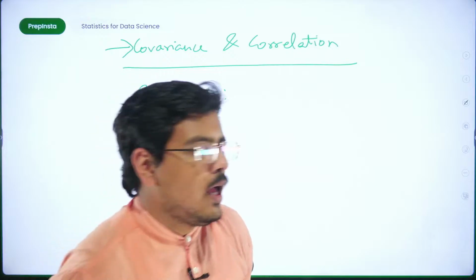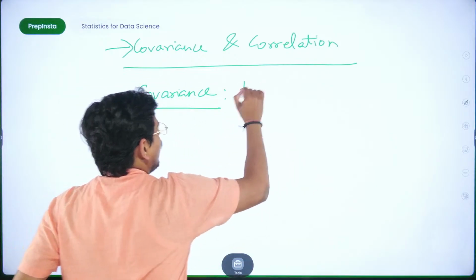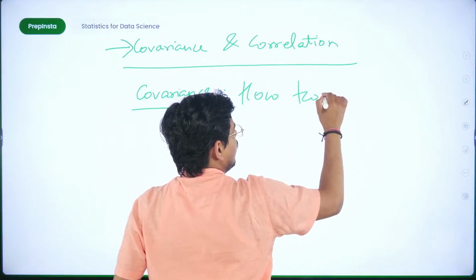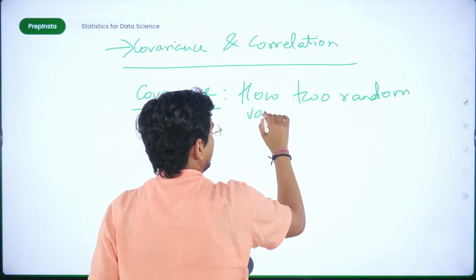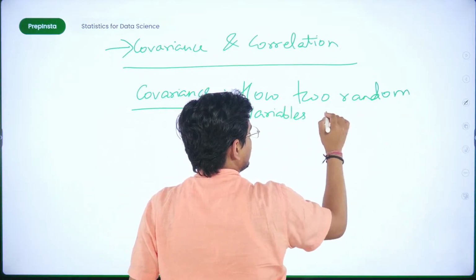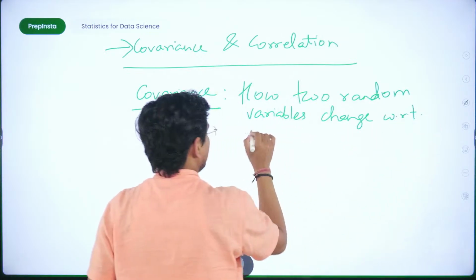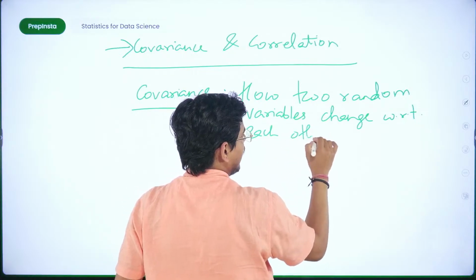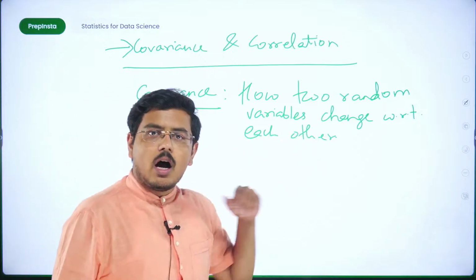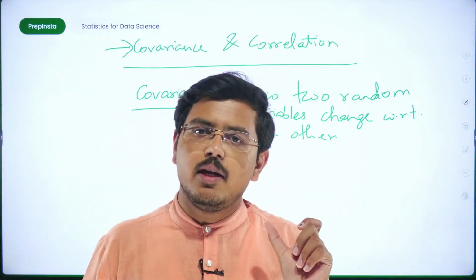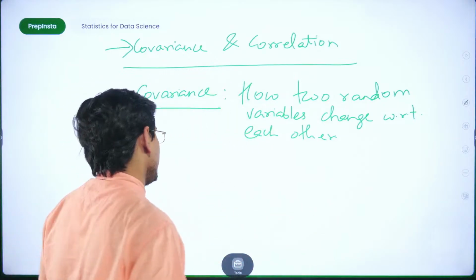And covariance tells you how two random variables change with respect to each other. Here WRT means with respect to. That is basically covariance, and covariance quantifies that. I'll tell you how it quantifies, but right now focus here.